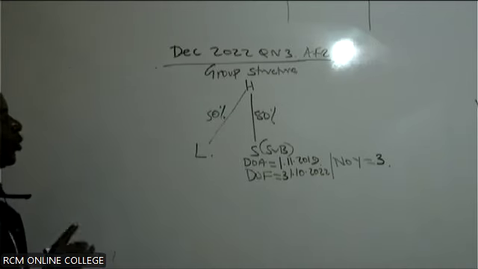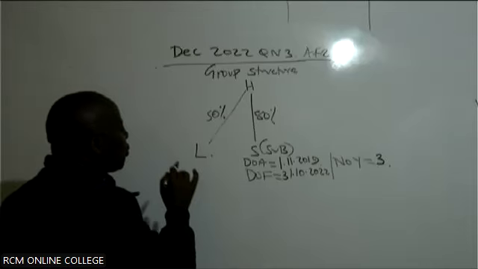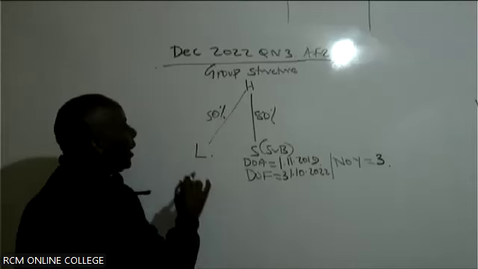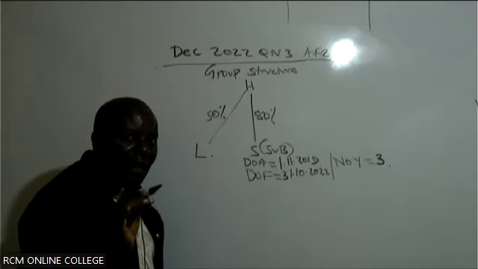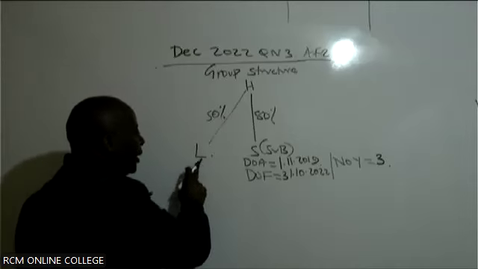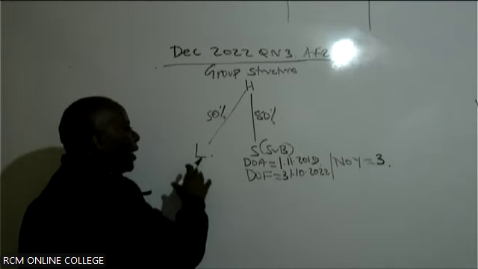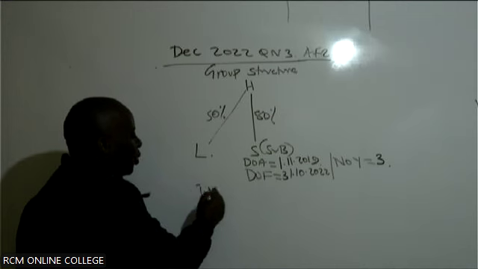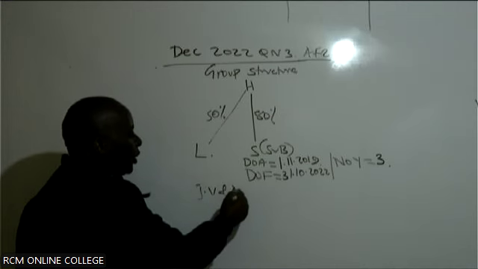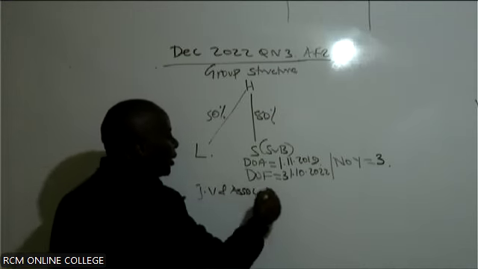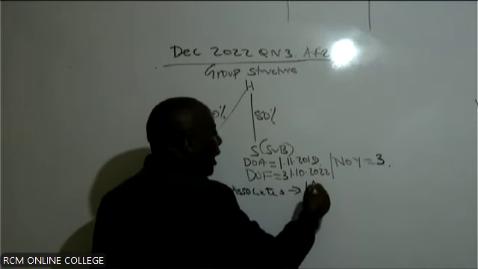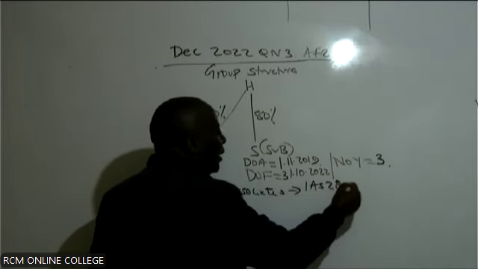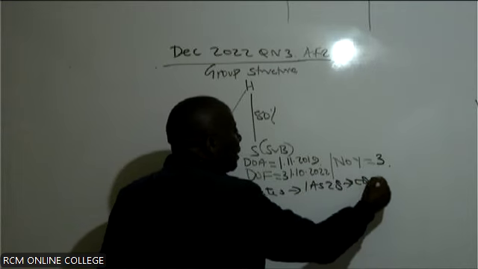So meaning that automatically, I should be able to account for L under IAS 28. So this L ideally should be a joint venture. If you remember very well, joint ventures and associates, we shall always use IAS what year? 28, what we call the equity method.